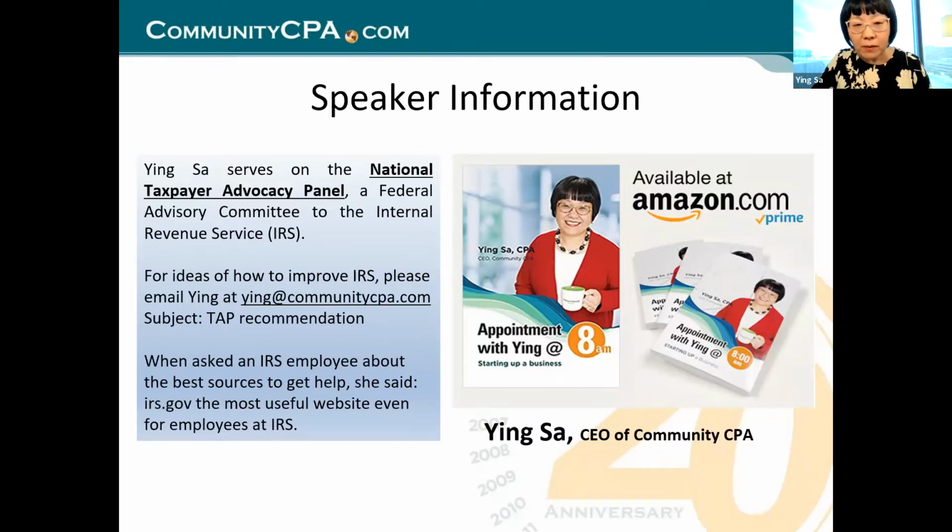That one is called Appointment with Ying at 10 a.m. That one is about growing your business. I do have a tough time writing that one because I felt that I haven't really done growing my business, which is Community CPA, yet. And I felt like I always have a chapter to continue. So that was the reason why I'm on this path. But my third book is Appointment with Ying at 2 p.m. That book will talk about merger and acquisition.